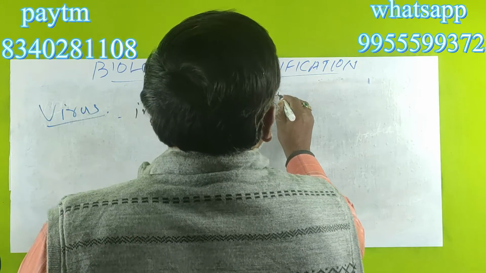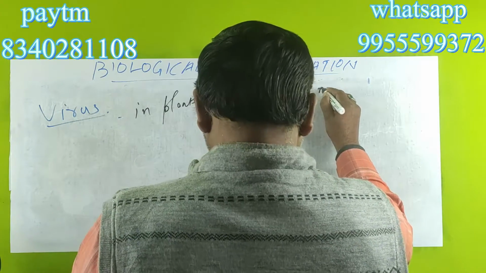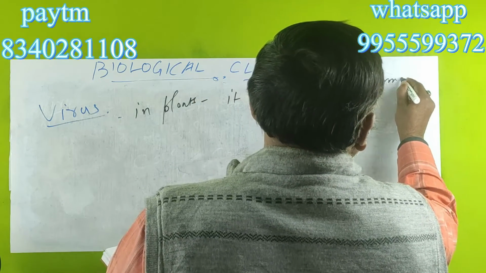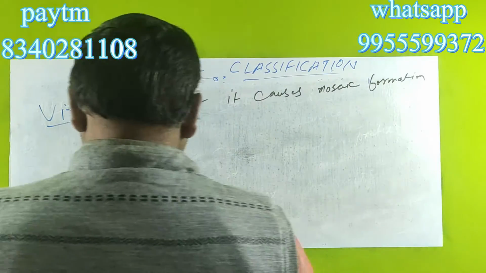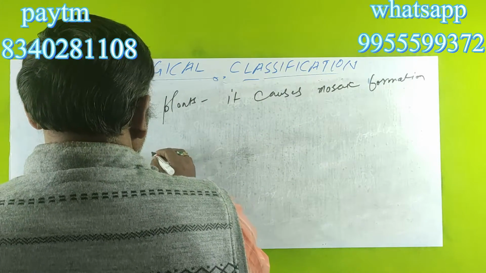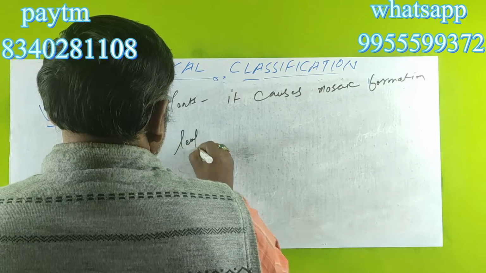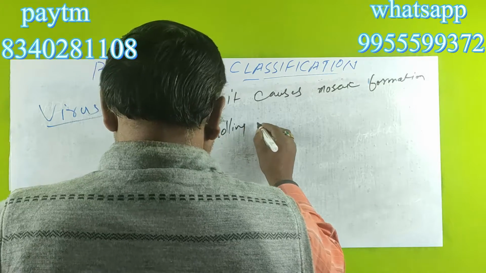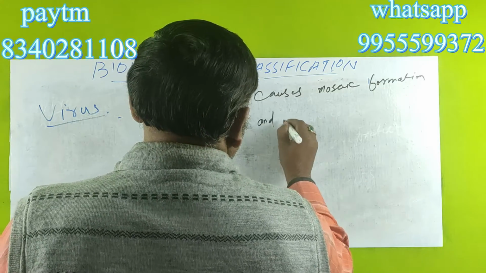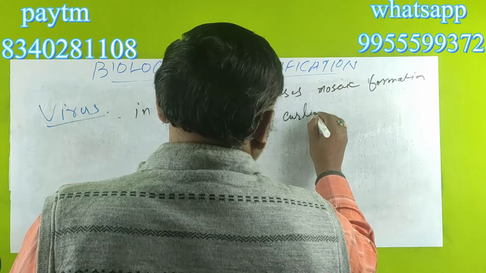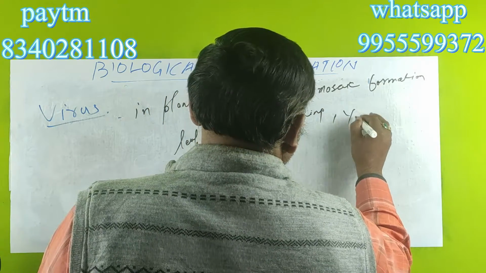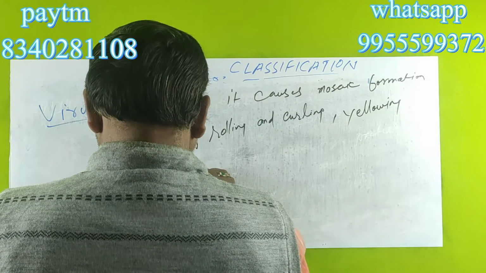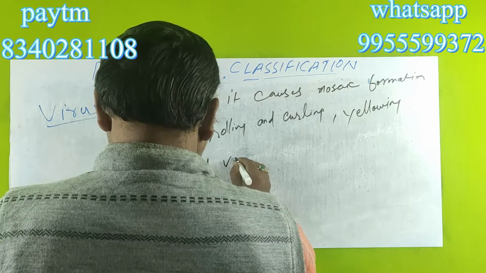It causes mosaic formation, leaf rolling and curling, yellowing of leaves, and vein clearing.